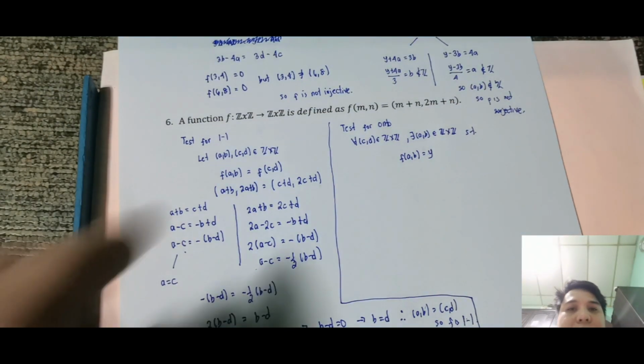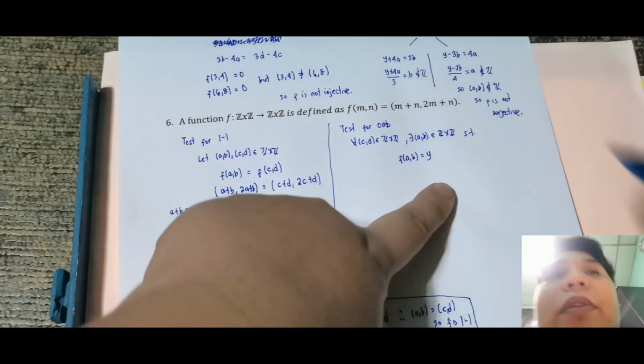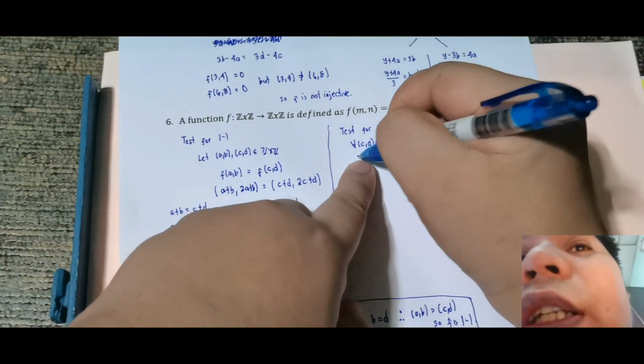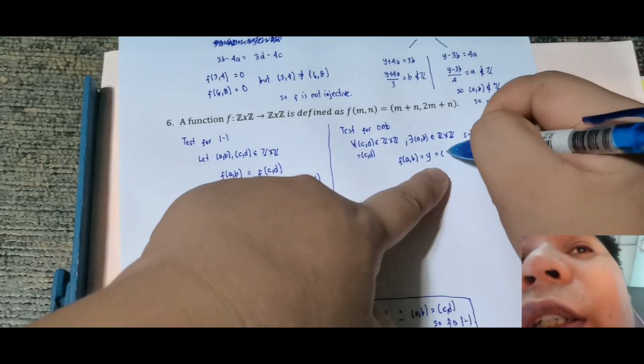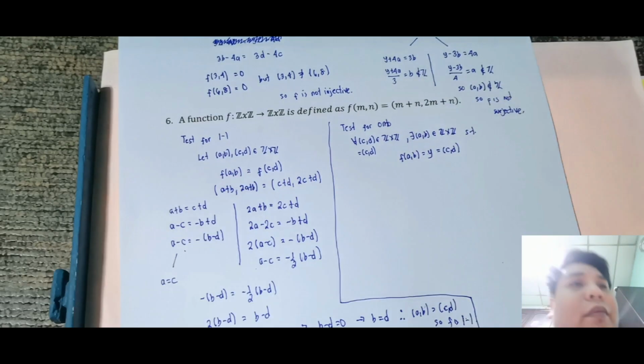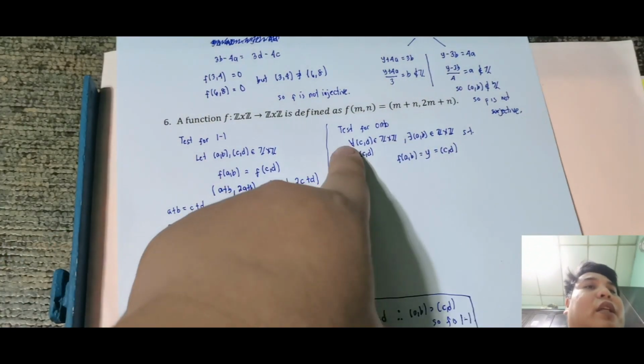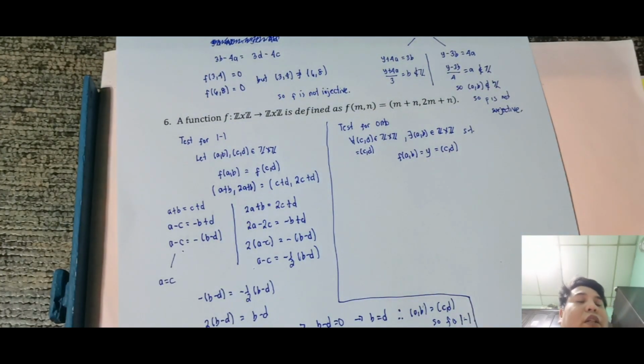Okay, what is y? Y is c comma d, which is also equal to c comma d. Kasi nga yung y natin coordinates din.